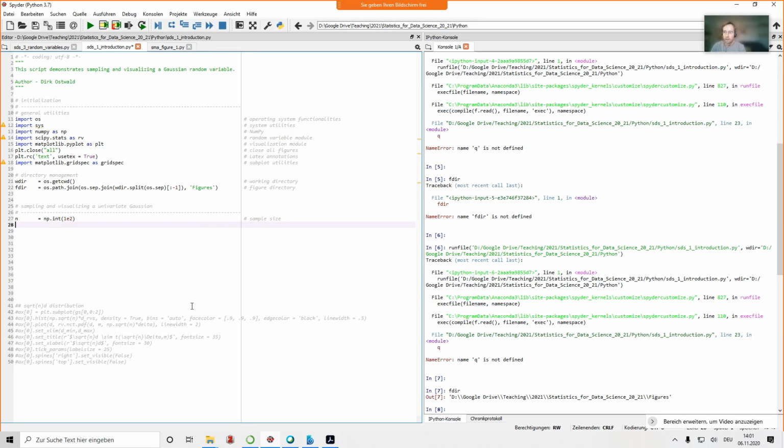Doesn't want to do it. We can use the RVS property. So the way that SciPy stats works, I have it now, I've imported it, and then you specify the distribution that you are interested in usually.